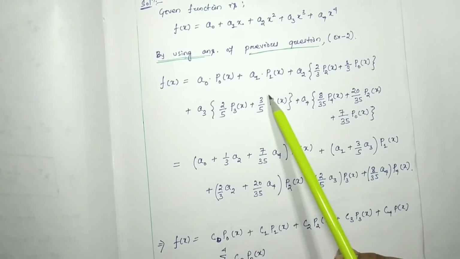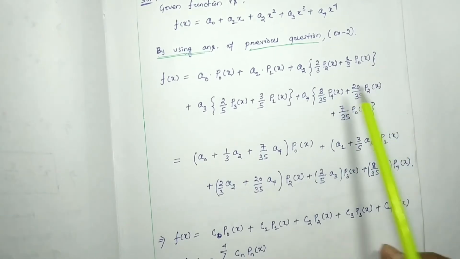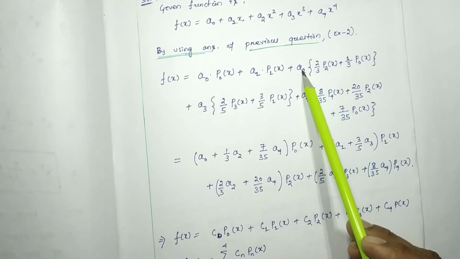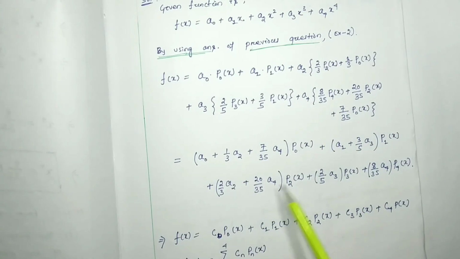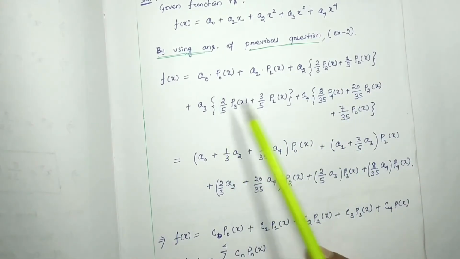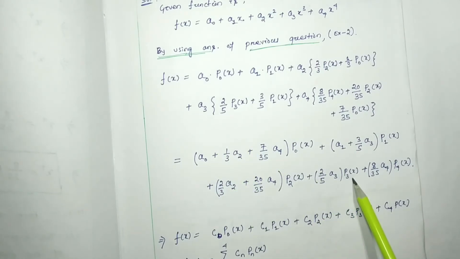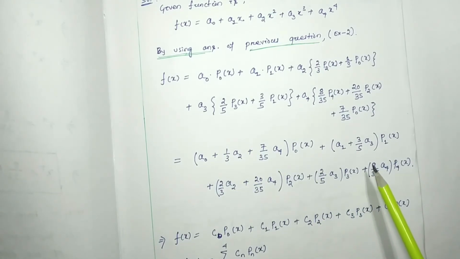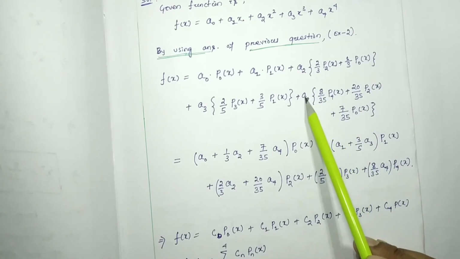Similarly for p2, here one p2 is there, here another p2 is there, so it will be 2 by 3 a2 plus 20 by 35 a4, times p2x. For p3 only one p3 is there, so this is 2 by 5 a3 times p3x. Then for p4 also only one term, that is 8 by 35 into a4 times p4x.